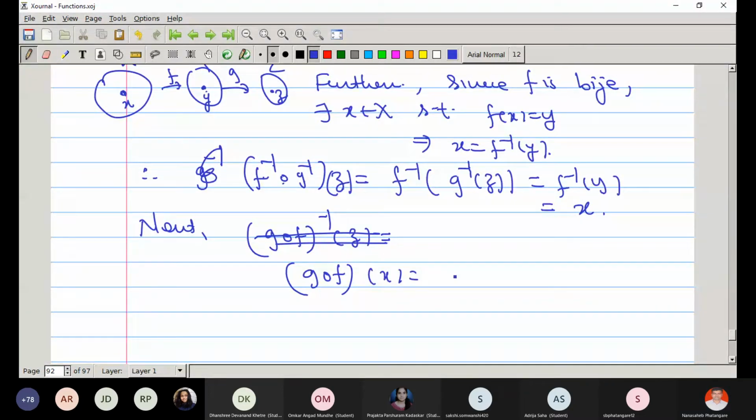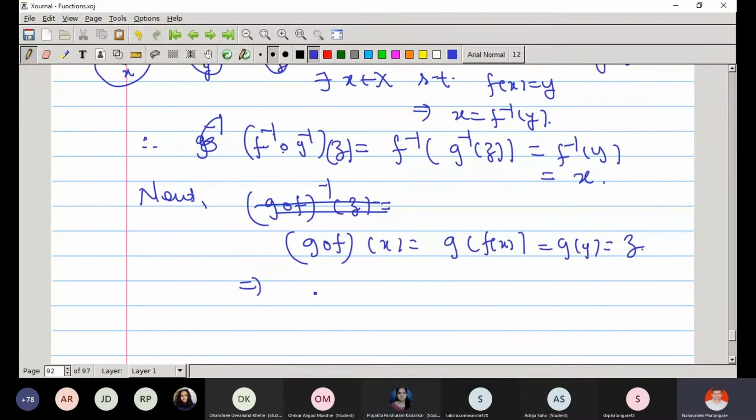It is G of F of X, that means G of Y, and G of Y is Z. So can I say that (G composite F) inverse of Z is actually X?